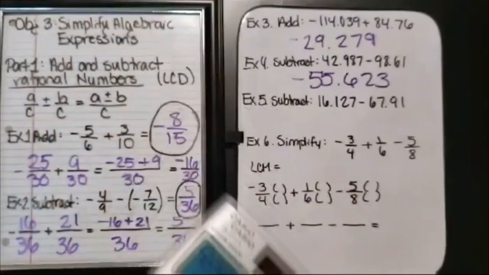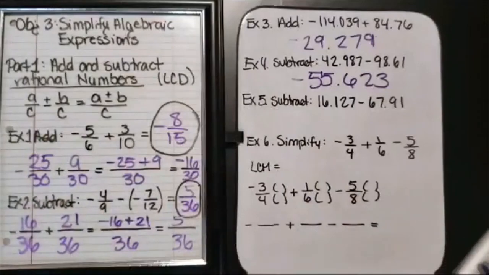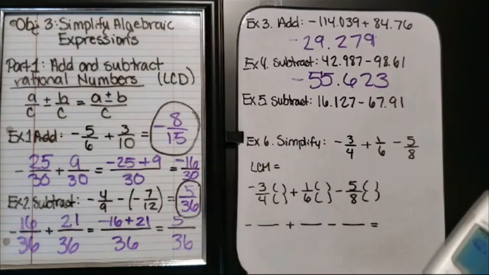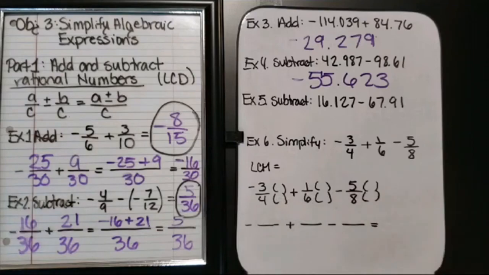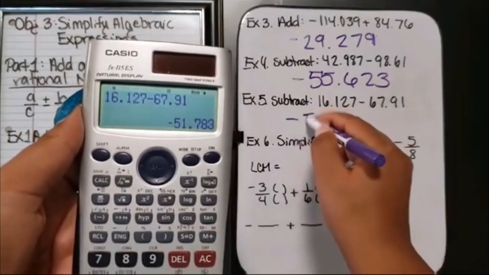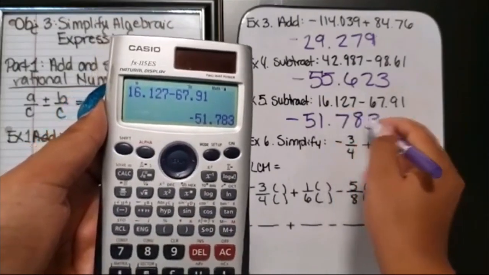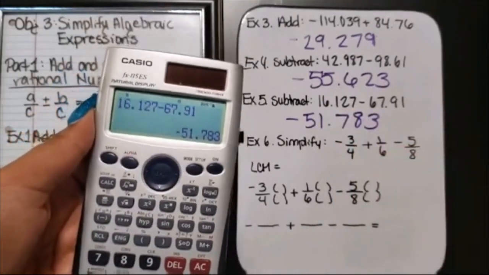It's easier, and we can get more into all of the juicy things that we need to learn in this class. If you can just use the calculator, we can keep on moving forward. Got negative 51.783. All right.